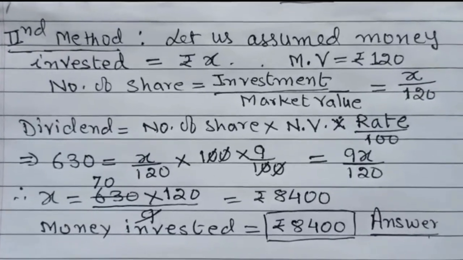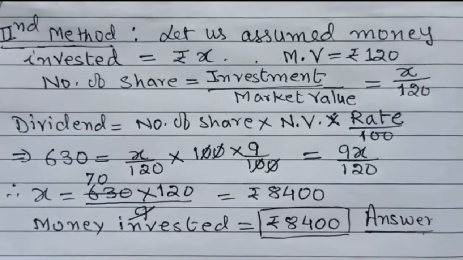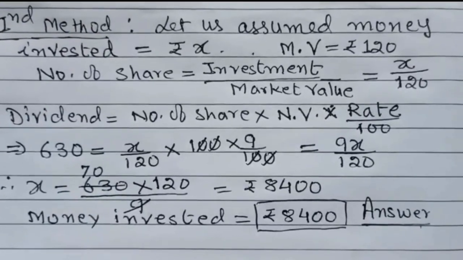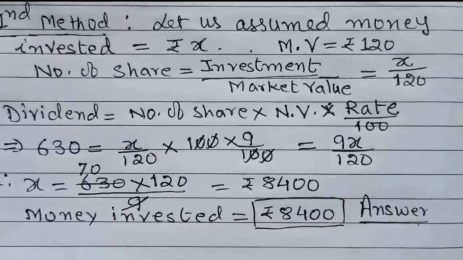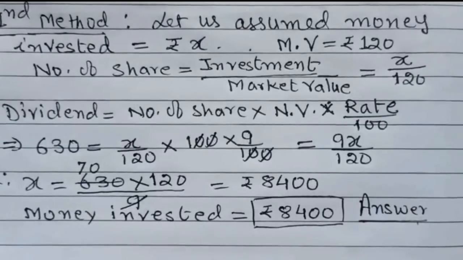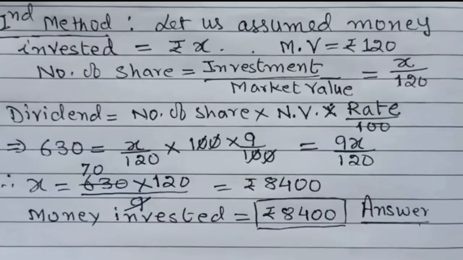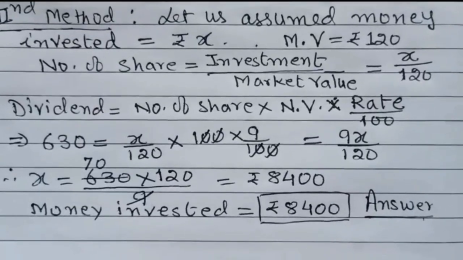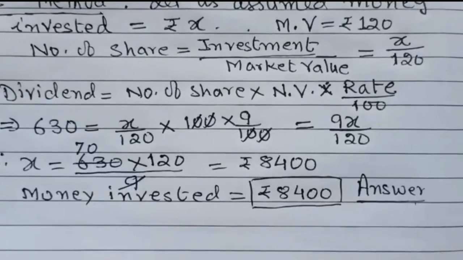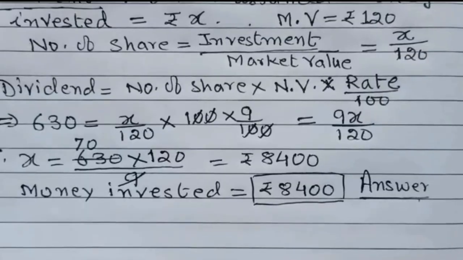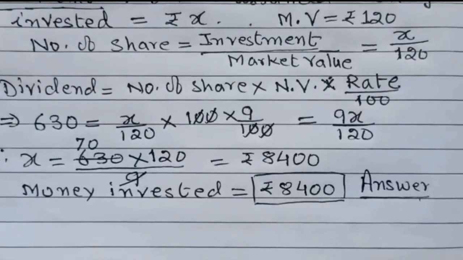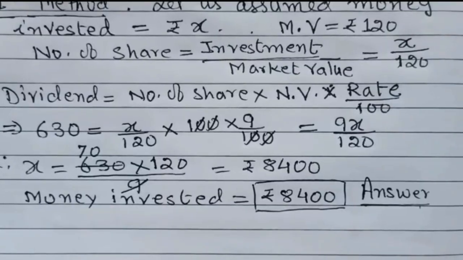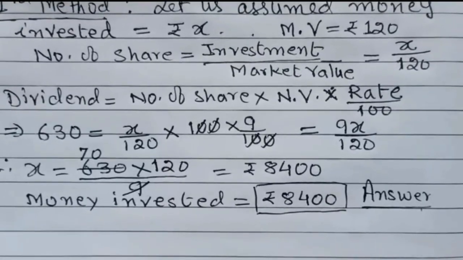Using the formula dividend equals number of shares into nominal value into rate by 100, that is 630, which is the dividend, equals number of shares, that is x upon 120, into nominal value, which is 100 given, into rate, which is 9 given, 9 upon 100. We get 9x by 120. Equating 630 is equal to 9x by 120, we get x is equal to 8,400. So the money invested is rupees 8,400.